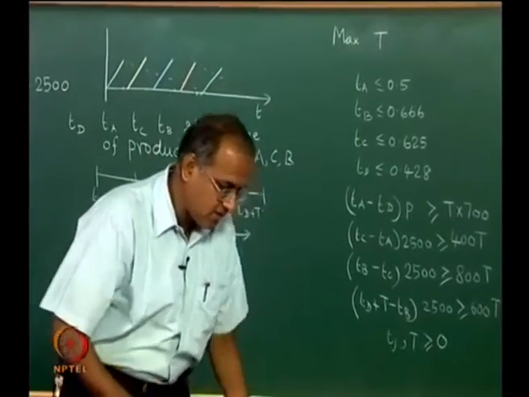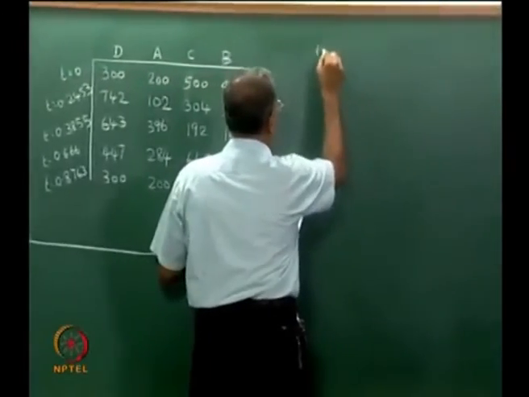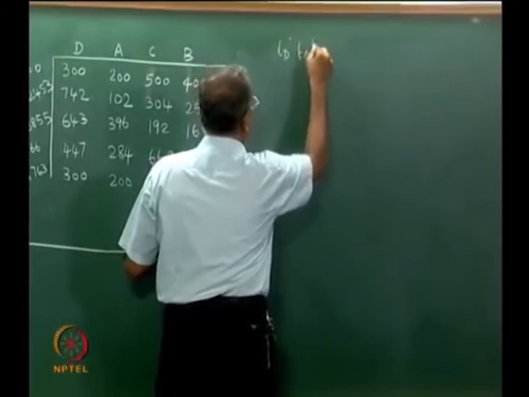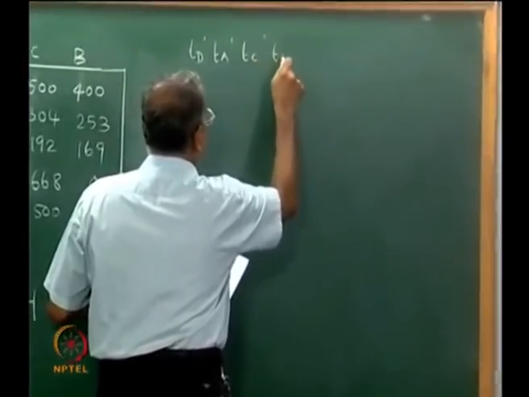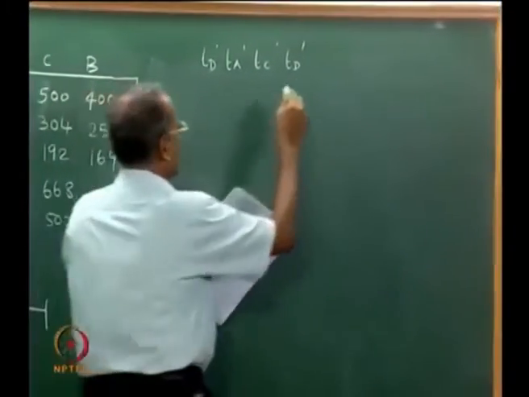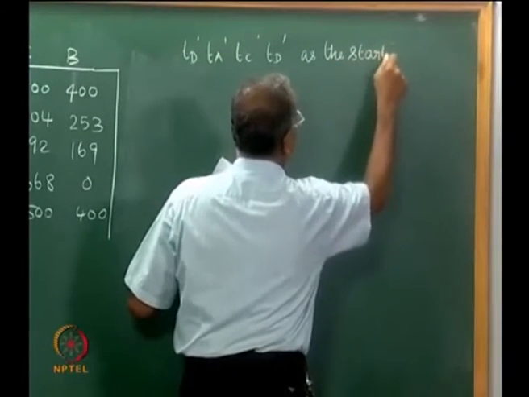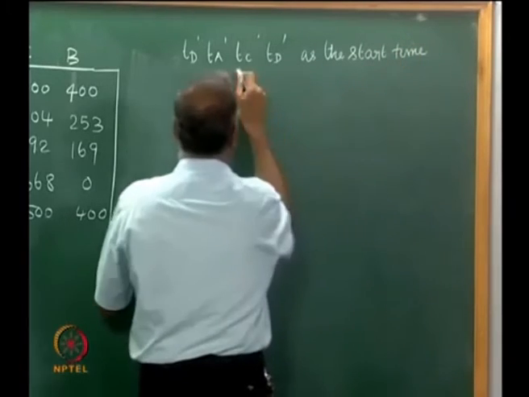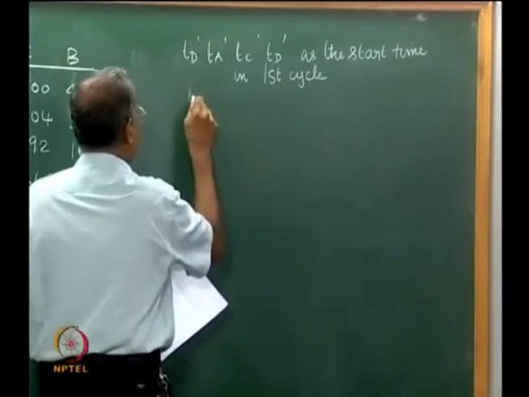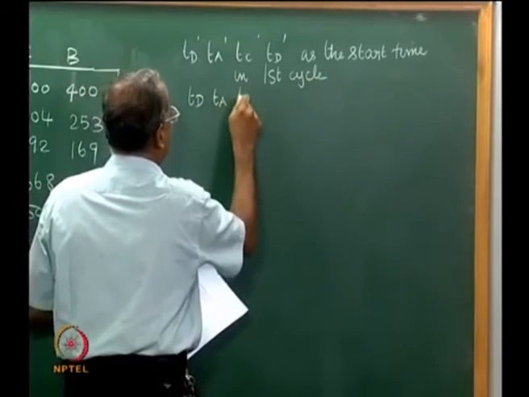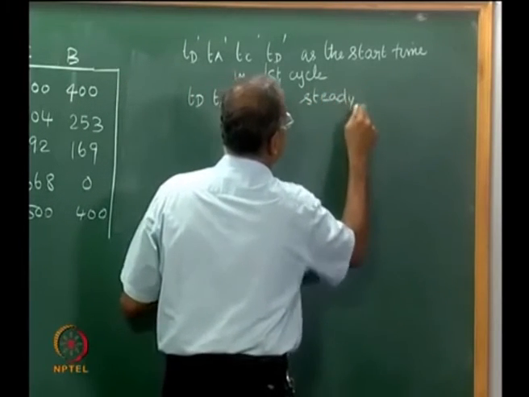So in the next formulation what we would do is we call TD dash, TA dash, TC dash, TB dash as the start time in the first cycle, and TD, TA, TC, TB in the steady state cycle.